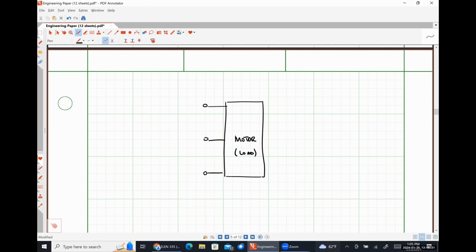It literally does not matter whether the internal connections for my motor are delta connected or Y connected. Literally, the only thing I have access to is its terminals, right? And so I was told that a current having a magnitude of 75 amps RMS was being drawn by my motor. Perfect.